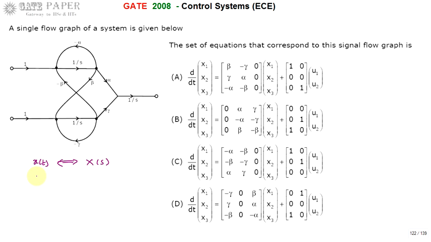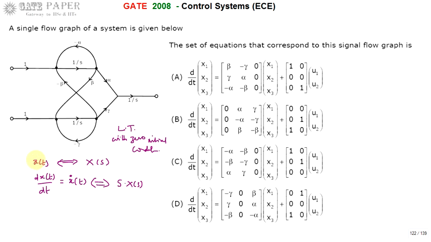If x of t is differentiated, that is dx of t by dt, which is also represented as x dot of t or simply x dot, then with 0 initial conditions the Laplace transform will be represented as s into x of s.